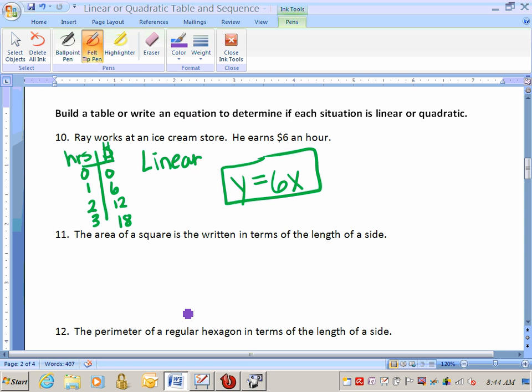Okay, number 11, the area of a square is written in terms of the length of a side. So I've got length and area. What do I have to put in to find the other? What's the input? Length or area? Length, you're going to put in length to find the area. And I've got a square, right?